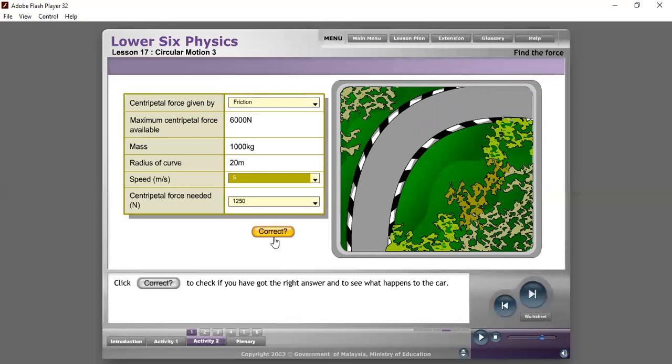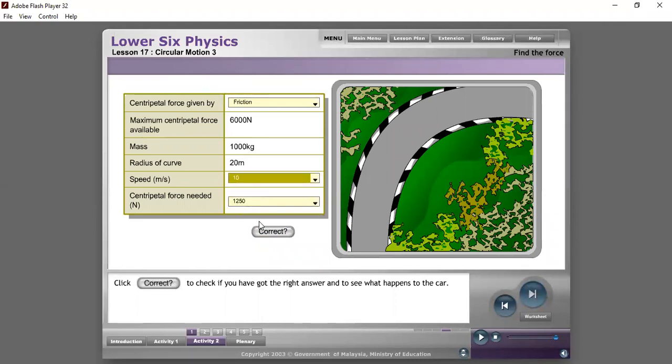So that means we notice that for the car, the maximum centripetal force available is 6,000, right? But now the centripetal force needed to keep the car moving in circular motion, to follow the curve, the corner, is 1250 Newton only. So that means still no problem, right?